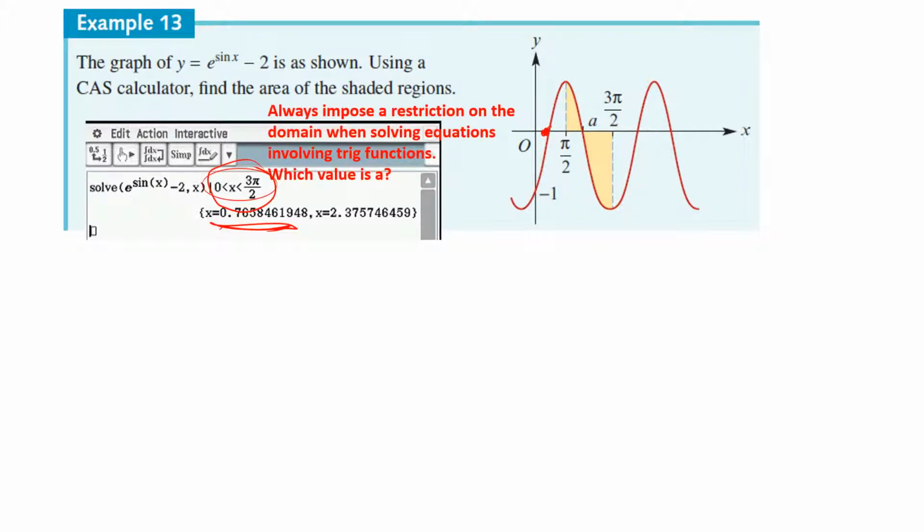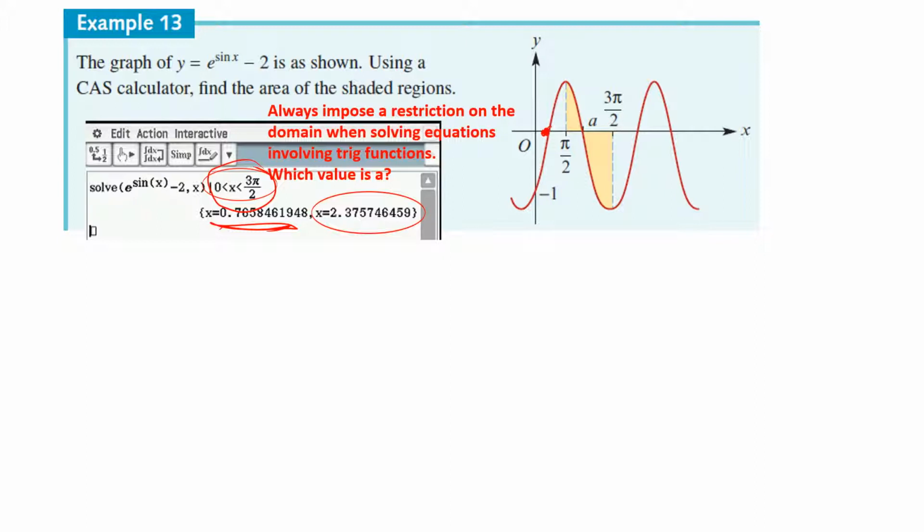Okay, there's just a comment about the restriction. And of course, anytime you're solving an expression or an equation set to 0 involving a trig function, you must always impose that restriction. Otherwise, you'll get a quirky answer. My imposed restriction wasn't strict enough. Nevertheless, I should be able to work out the value of a in this particular case.